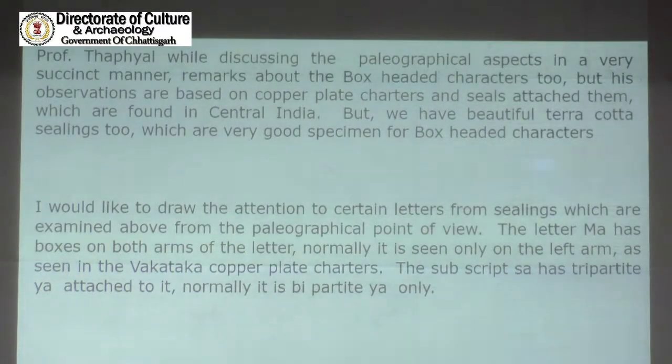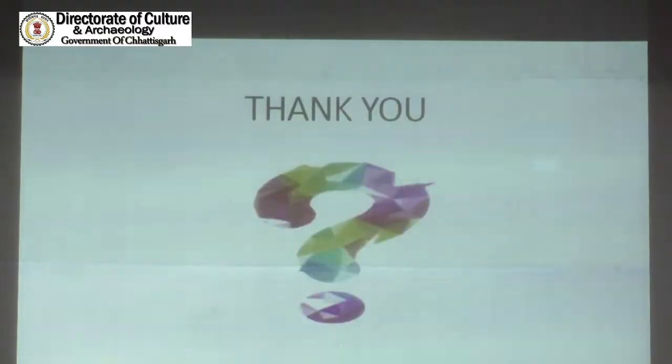Normally it is seen only on the left arm. But as in Vakataka copper plate charters, the subscript Sa has a tripartite Ya attached. Normally we see bipartite Ya only. So these are very small observations I made. Thanking you in anticipation.